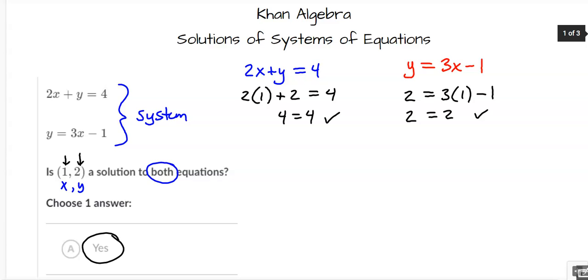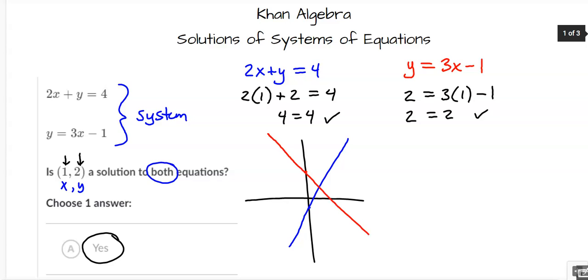Now, if we were to graph these two, they don't ask you on this one, but if we were to graph these two lines, y equals 3x minus 1 crosses at -1, I'm just going to do a rough sketch. And then when we come back the other way, that one would be, if I moved it around, y equals -2x plus 4. So it's going to come something like that.